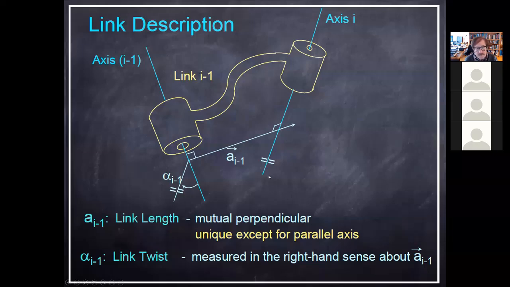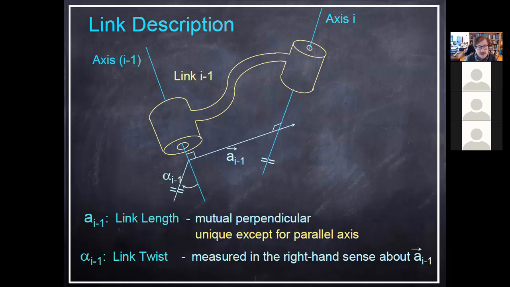Now look how we determine the link length. Link length is determined by the parameter a i-1. The parameter takes its index from the former joint. Likewise, the twist angle also takes its index from the former.